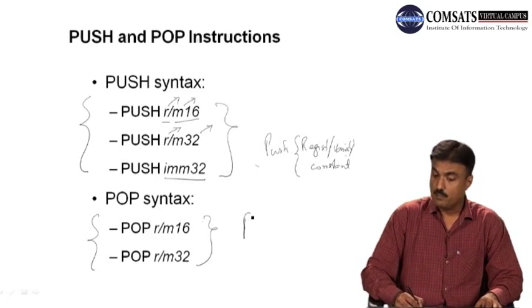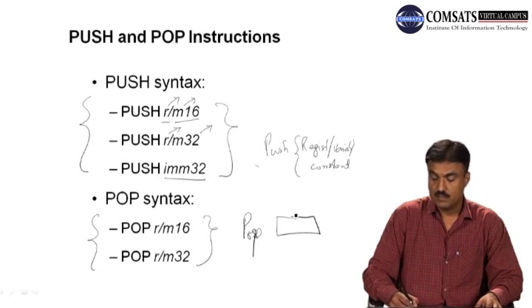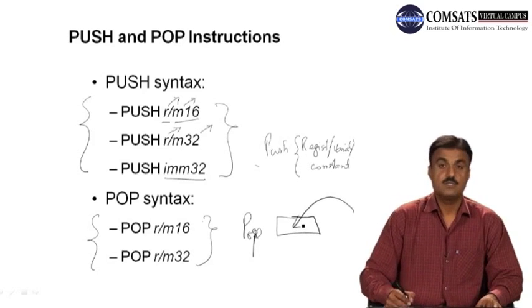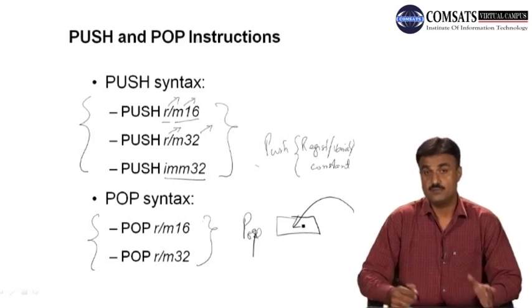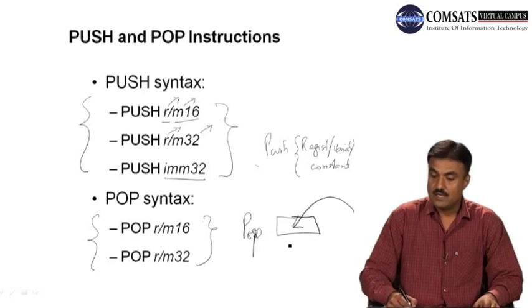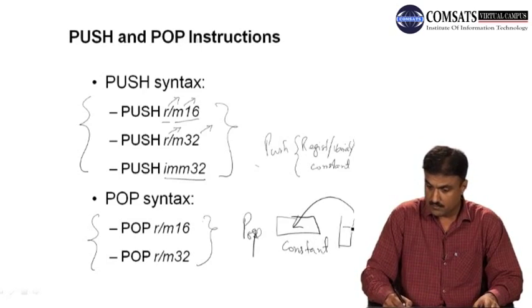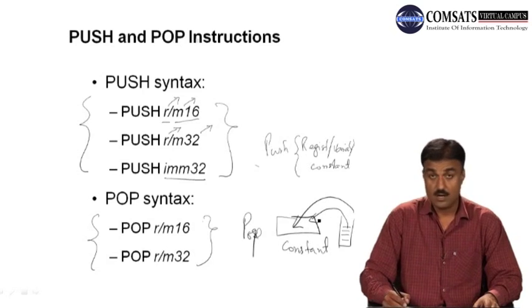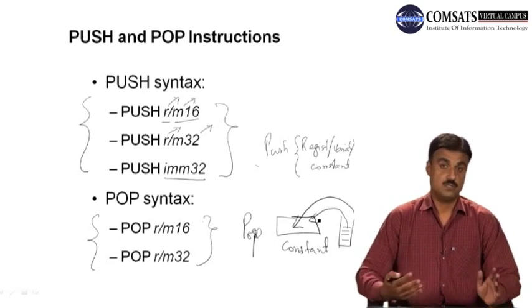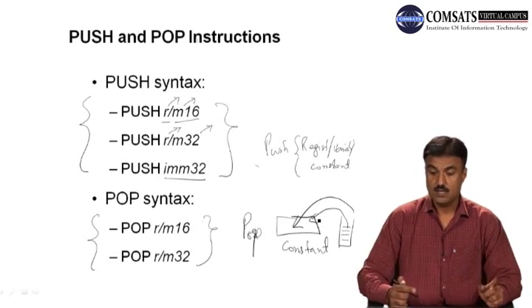But as far as pop is concerned, when we pop, we define something where the value will be read from the stack and assigned to this variable or to this register. We cannot define a constant here, because we are going to read some data from the stack and assign it to some memory location or some register. So that is the difference.